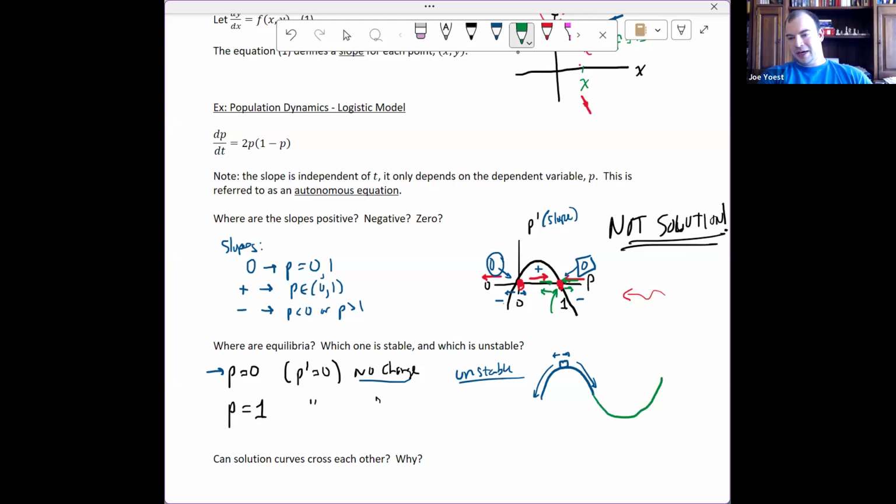This is like kind of being in a valley, right? If I kick my soccer ball, it just kind of comes back towards equilibrium. Of course, so long as I don't kick it so hard that it goes over a hill or something. But locally speaking, if I deviate a little bit, I just kind of come back to that equilibrium. So p equals 1 is actually stable.